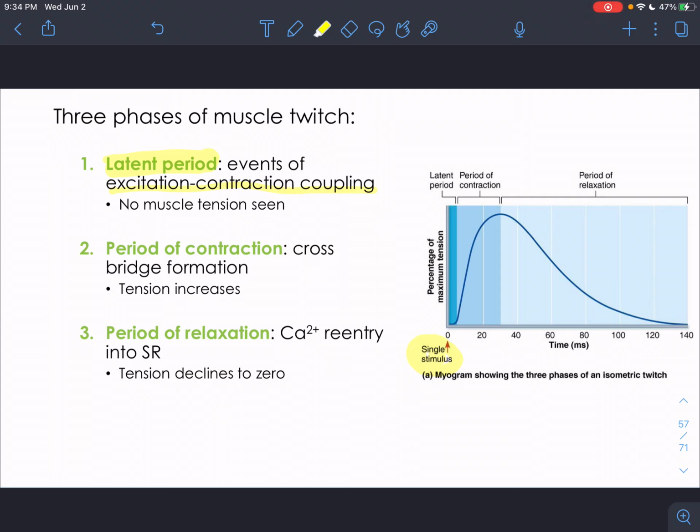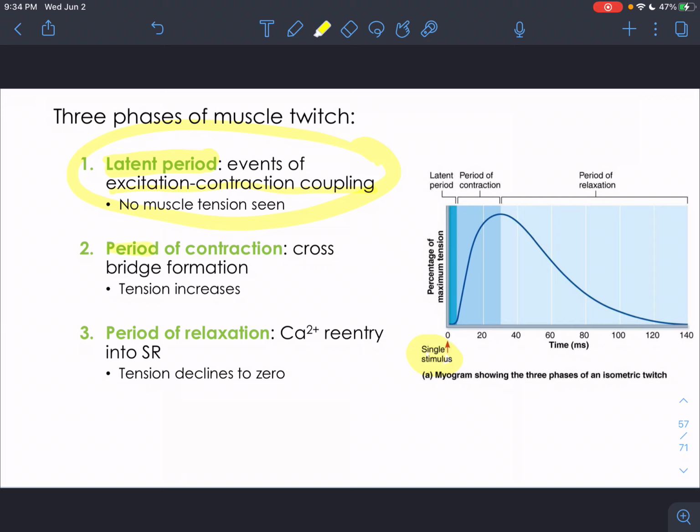Those open and allow sodium in. The sodium excites the voltage-gated channels. You have the propagation of the action potential down the cell membrane of the muscle cell, down the tubule, which releases calcium from the sarcoplasmic reticulum. That binds to troponin, and tropomyosin moves out of the way. All of that happens during the latent period.